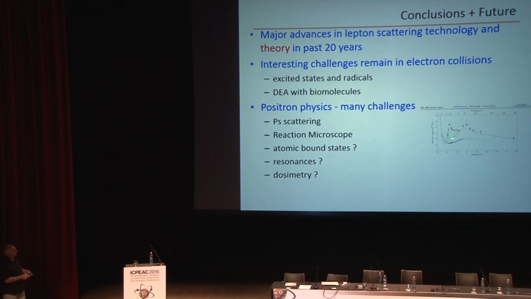The solid line here, this is in CO2, is the electron scattering cross-section for CO2, the dots are the positronium scattering cross-section, including a resonance, and the bottom curve here is the positron cross-section. So positronium wants to align itself and look like an electron when it scatters from an atom or molecule. And of course there are open questions around atomic bound states, resonances and dissymmetry.